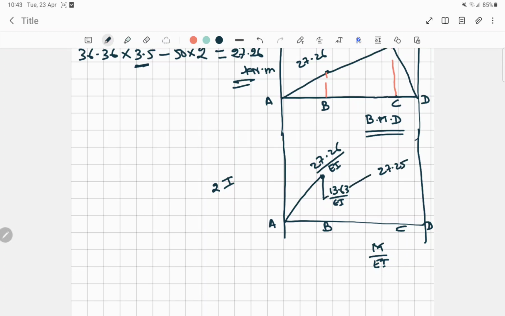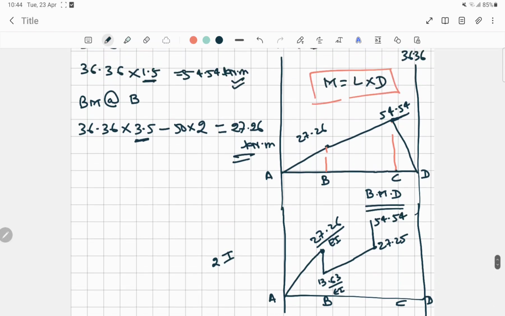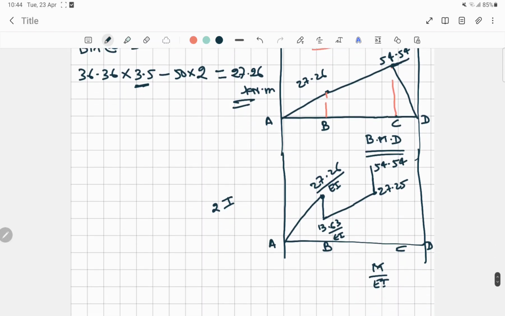So it will be somewhere here. I'll write it somewhere here, 13.63 by EI. So we'll connect this part, and the maximum bending moment is 54.54. This will be 0. So this is the M by EI diagram. Done.